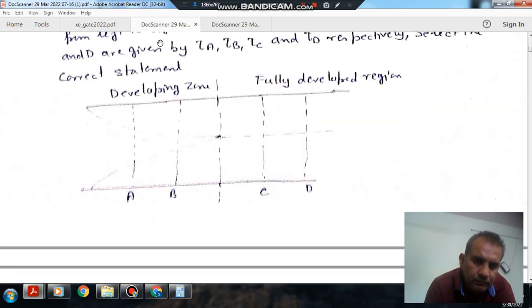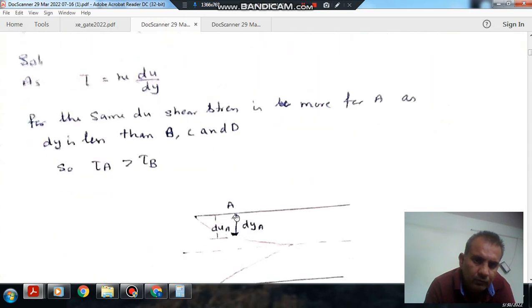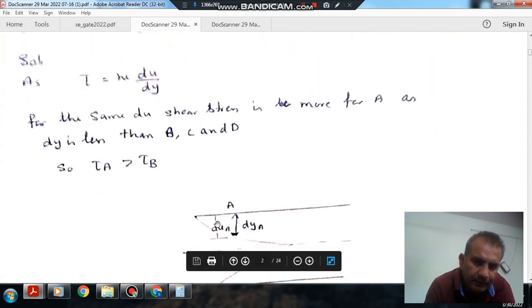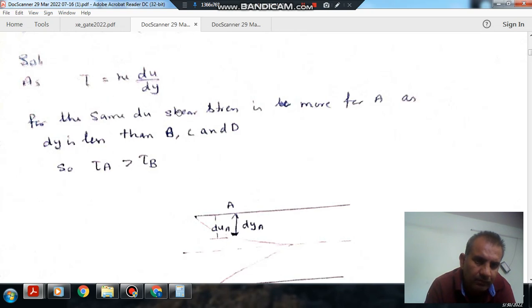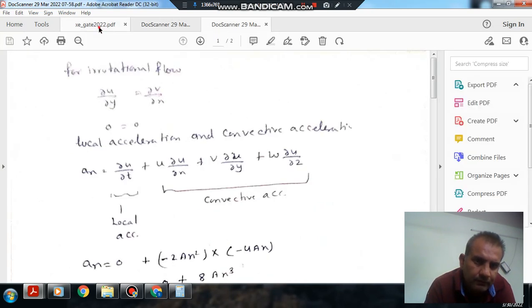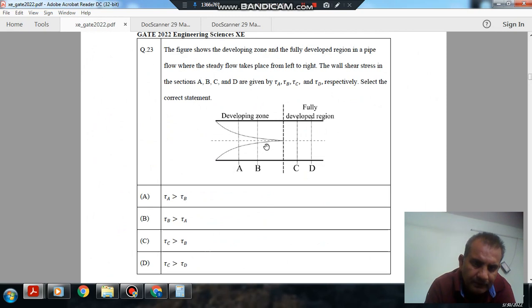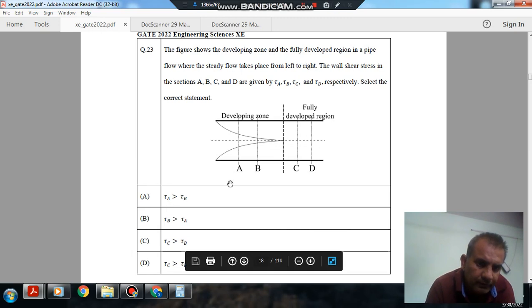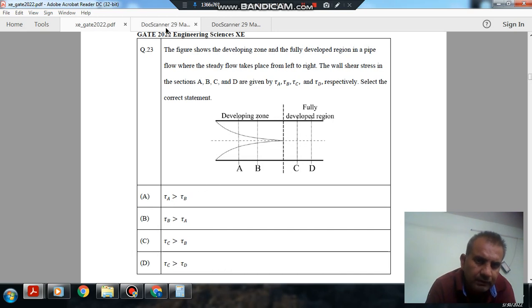As distance is less here for the same velocity change, du is more and dy is less, so shear stress will be more at section A as compared to B. Also as compared to C, because at C there is no shear stress and at B there is no shear stress. So tau A is greater than all the three. So answer is option A.